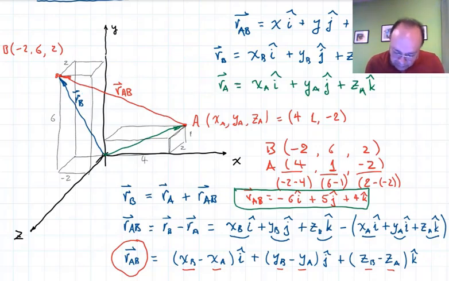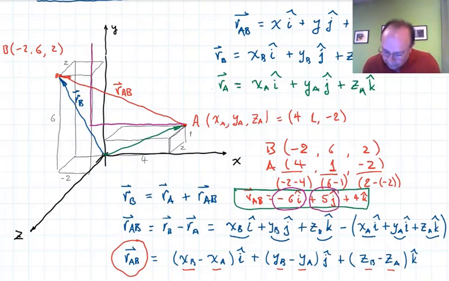In order to draw the position vector of B with respect to A, you have to move minus 6 in the x direction, so that will be something like 1, 2, 3, 4, 5, 6, plus 5 in the y direction, 1, 2, 3, 4, 5, and plus 4 in the z direction.